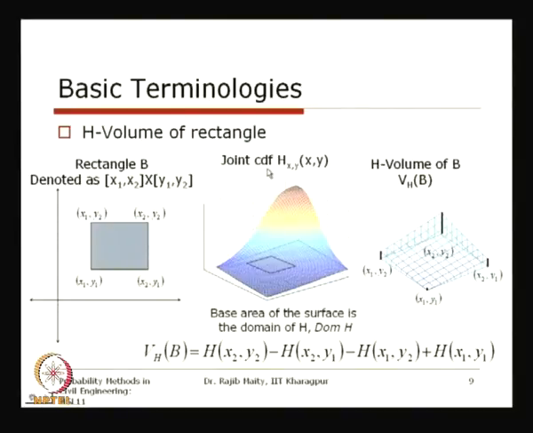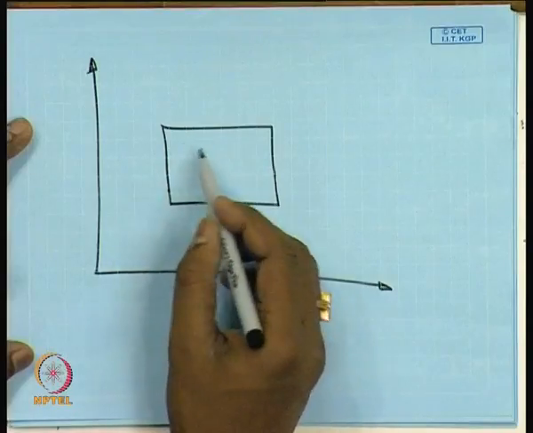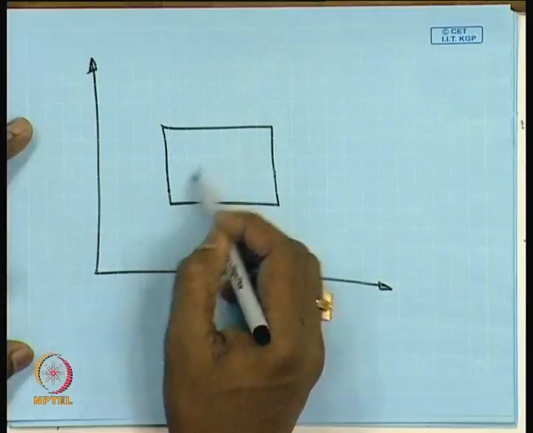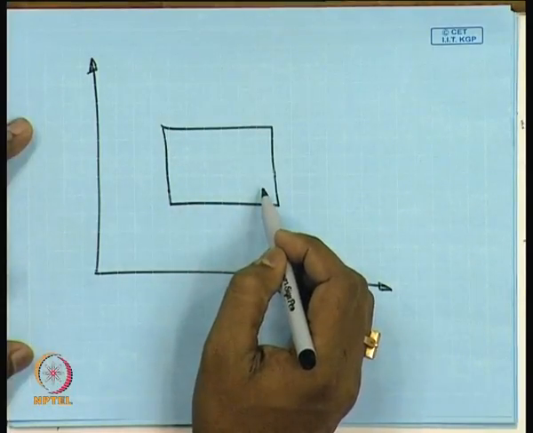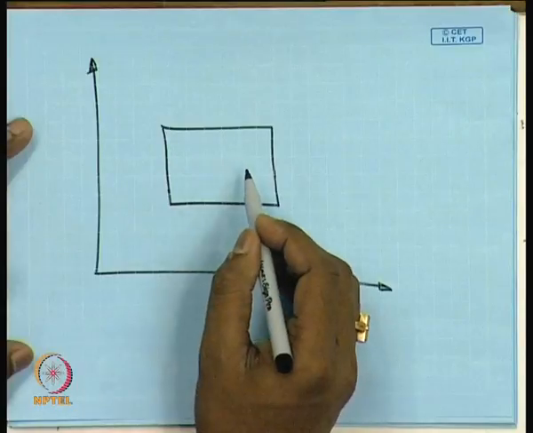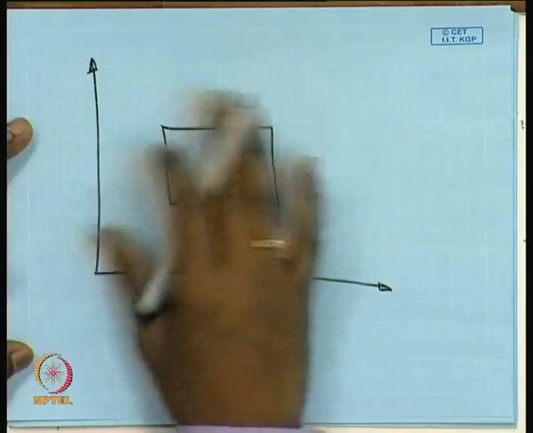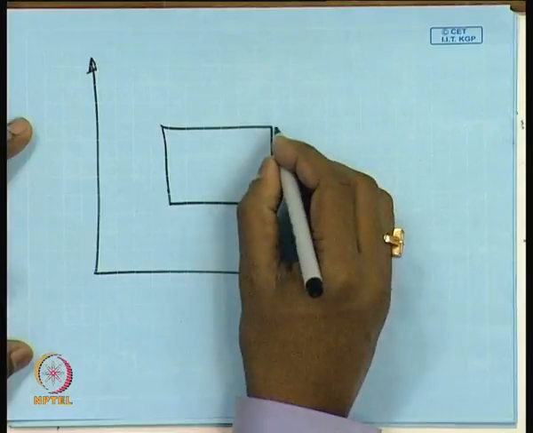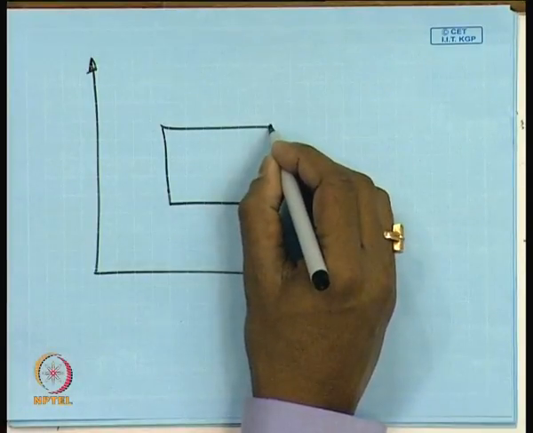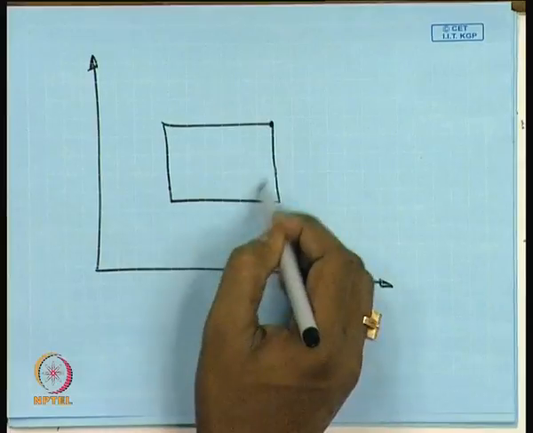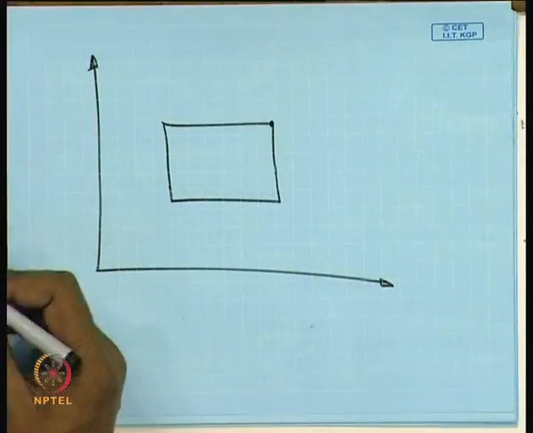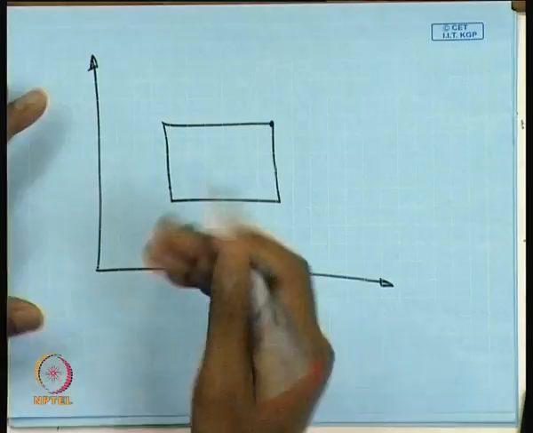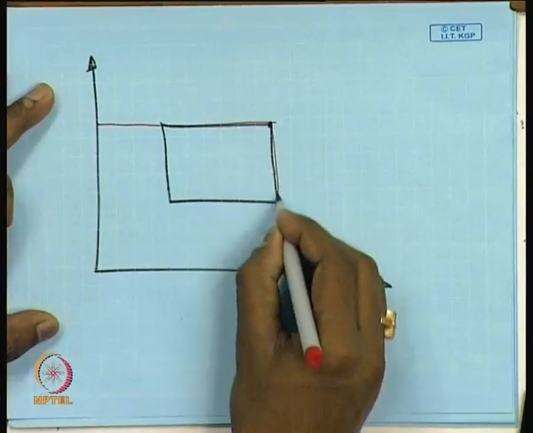Now if I represent that same rectangle here, and we want to know the volume over this rectangle when considering their joint PDF over this zone, then for this point, to get the volume above this rectangle, I first have to take the total volume.